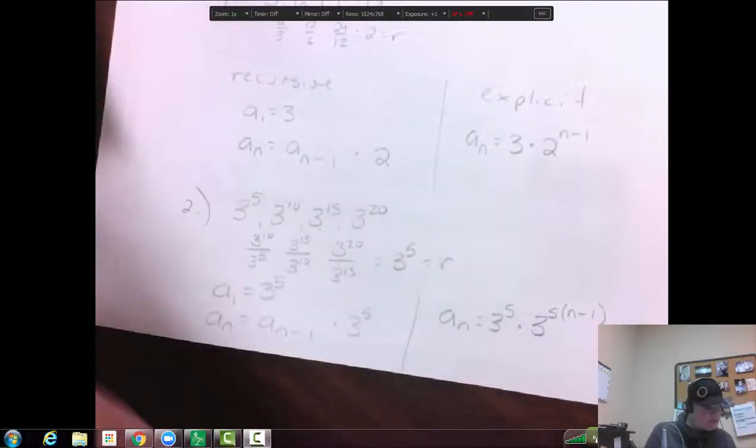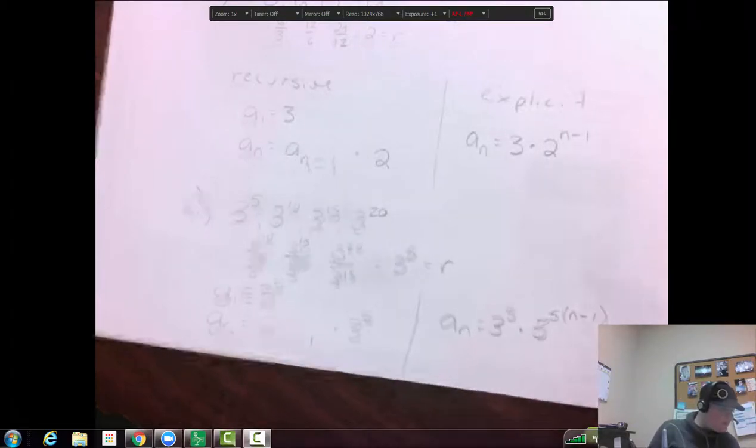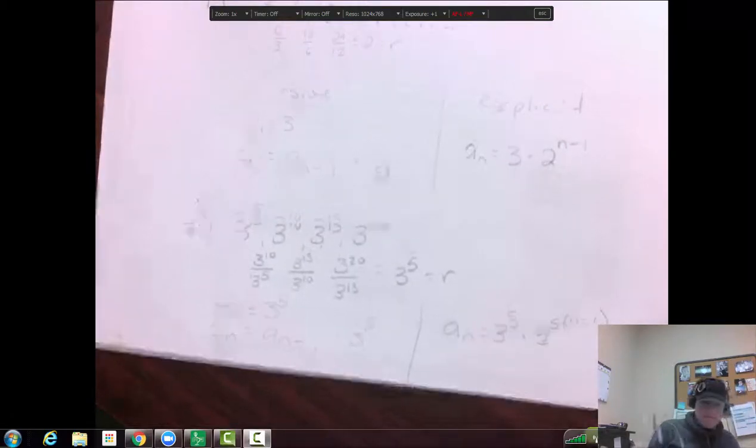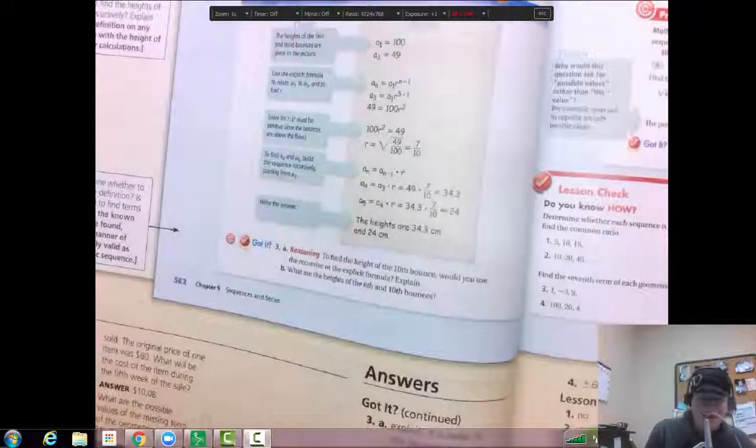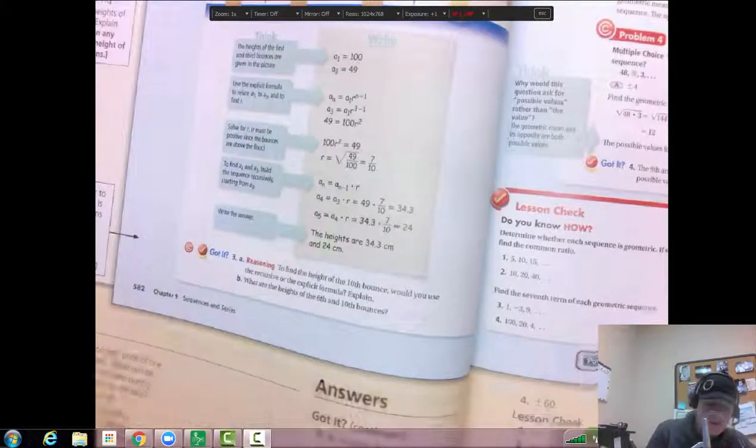I did want to show you in the book one thing that they walked through, and then we're going to learn one other thing in this section. They walked through the physics behind this ball bounce.